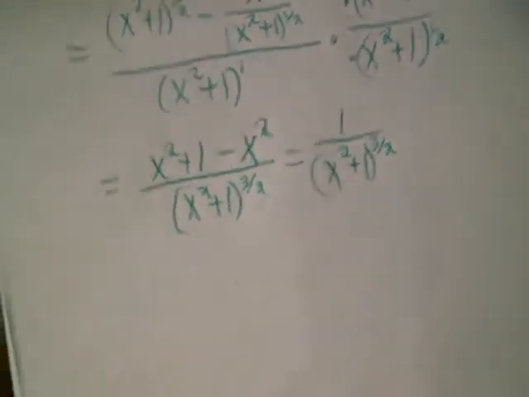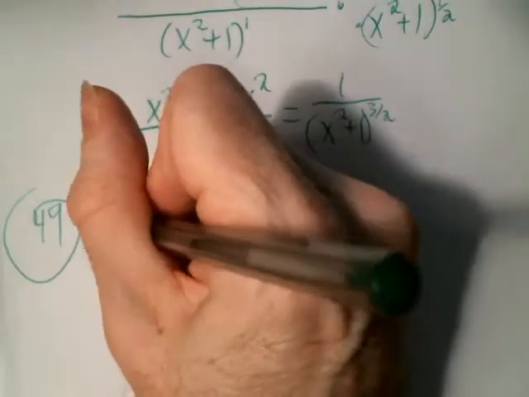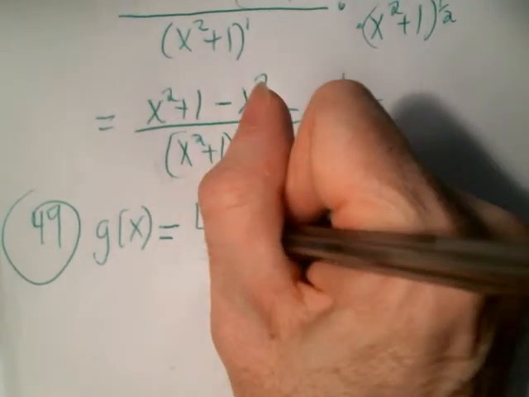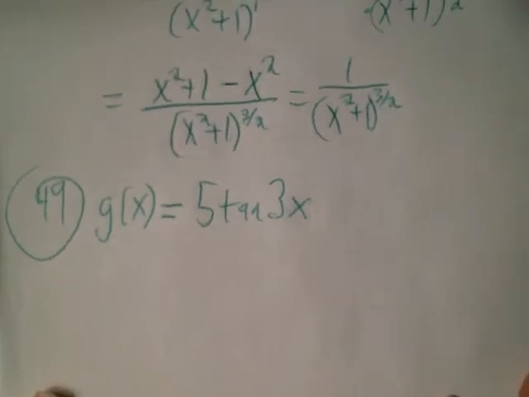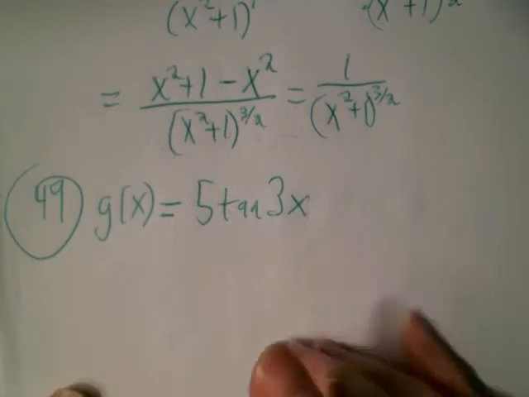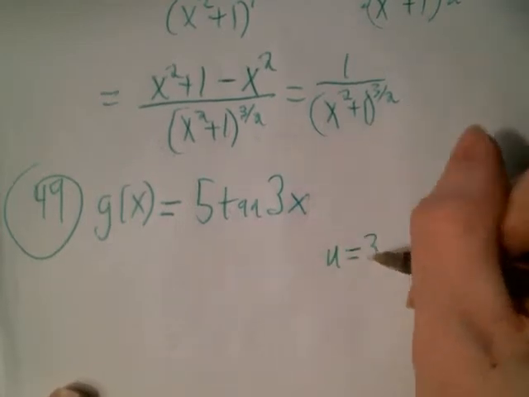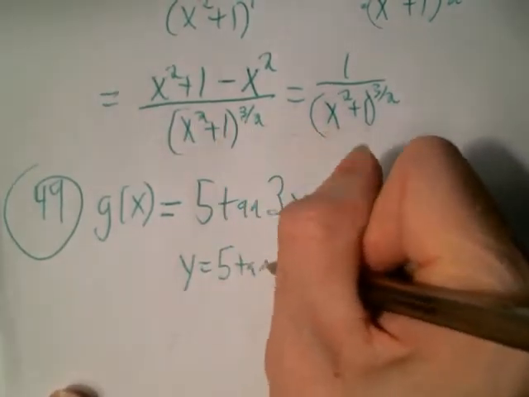Okay. Let's look at 49. So here we have g of x. We have some trig derivatives to deal with this time: 5 tan of 3x. Again, if you want to identify the bits and pieces, you can do that route. So the guts will be 3x, and then the outer shell, 5 tan u.